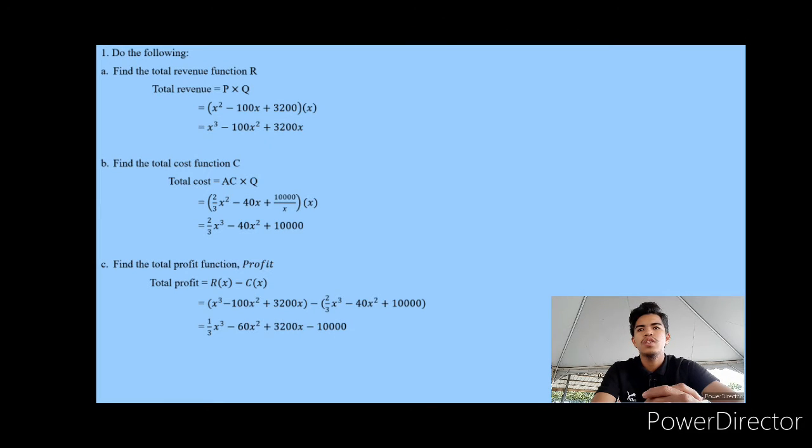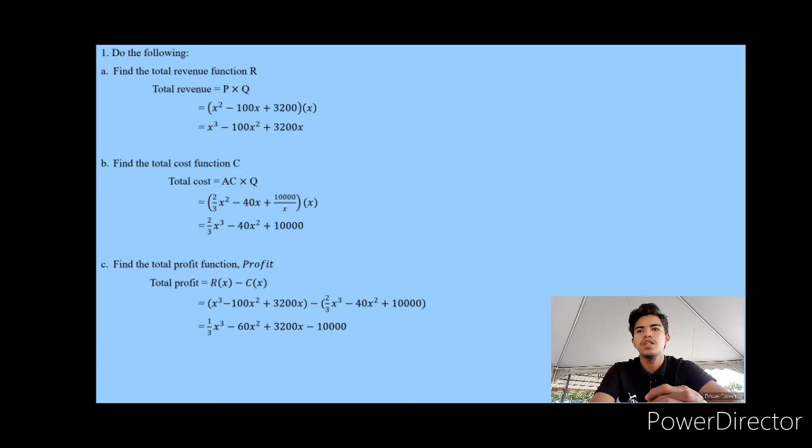For question 1, find the total revenue function R. To get the total revenue, we must multiply P and x, and we get x to the power of 3 minus 100x squared plus 3200x.